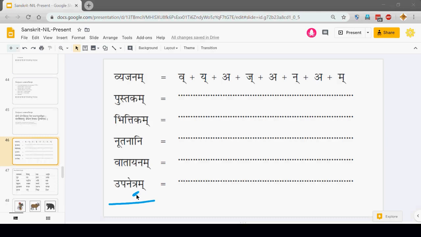This tra symbol can also be written like this sometimes, which is basically ta followed by ra, the consonant followed by the ra sound. Together it is written like this in Devanagari. Upanetram means the reading glasses.